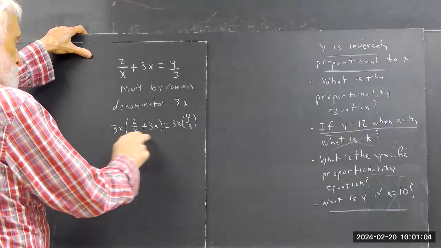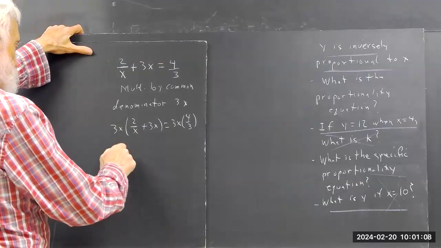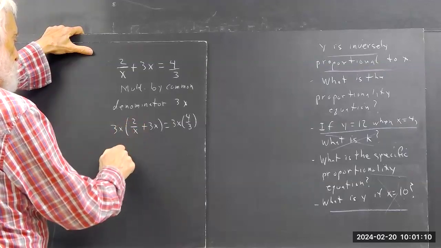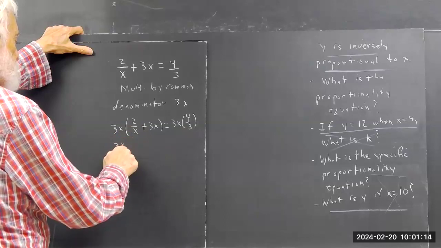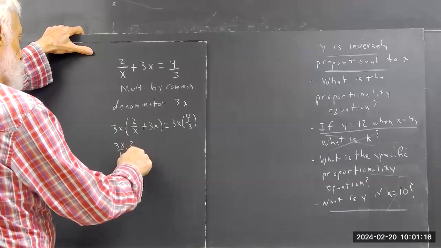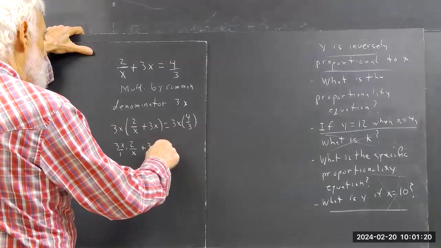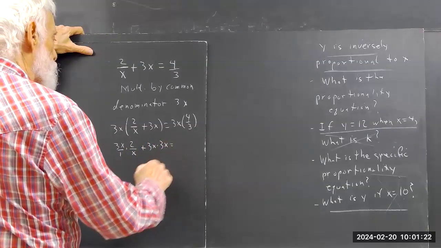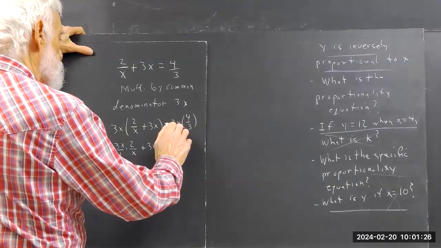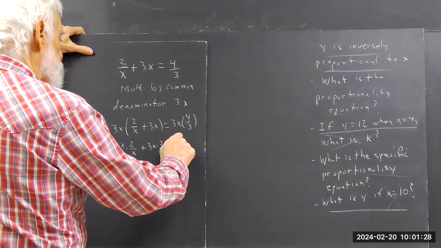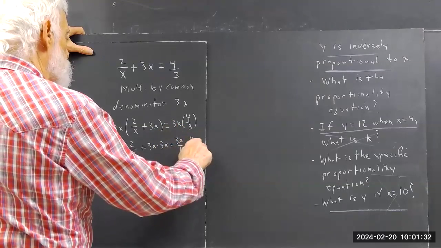Well, we can multiply this out. Get 3x times 2 over x. And since I'm multiplying by a fraction, I'll write that as 3x over 1 times 2 over x, plus 3x times 3x equals 3x over 1 times 4/3.